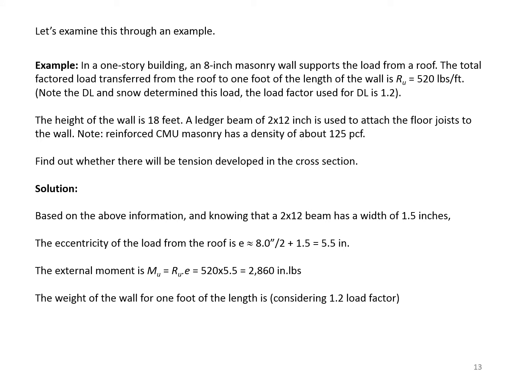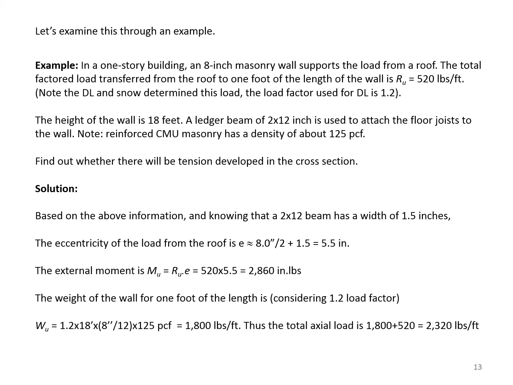The self-weight of the wall for 1 foot of the length, considering 1.2 as a load factor, is 1.2 times 18 feet, which is the height of the wall, multiplied by the thickness of the wall, which is 8 divided by 12, multiplied by the density of the wall, which is 125. The answer is 1800. So we add this to the applied load, 1800 plus 520. The total axial load right now is 2320.